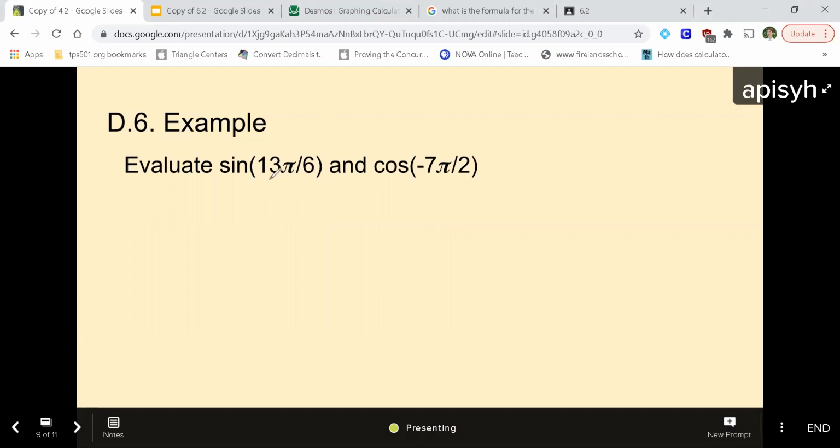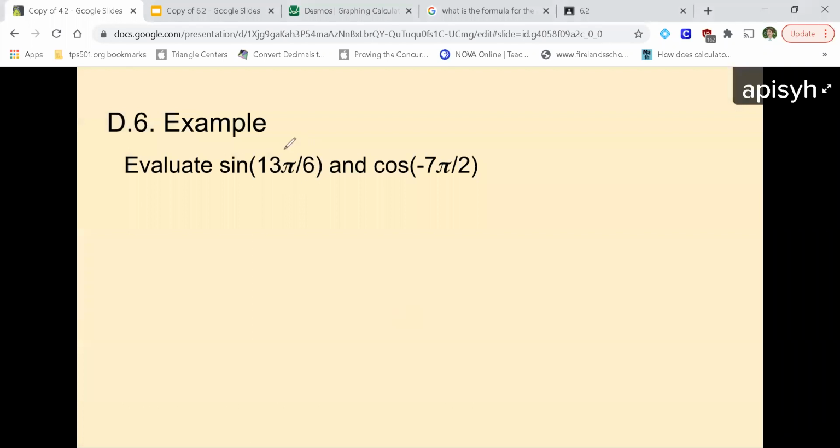So for example, 13 pi over 6 is not on the unit circle. But we know sine has a period of 2 pi. So if I take 13 pi over 6 and I subtract 2 pi from it, its coterminal angle will still have the same answer, just like we did in an example earlier in this class.